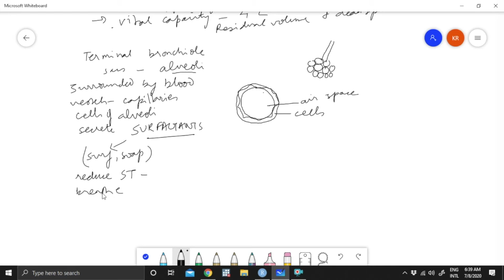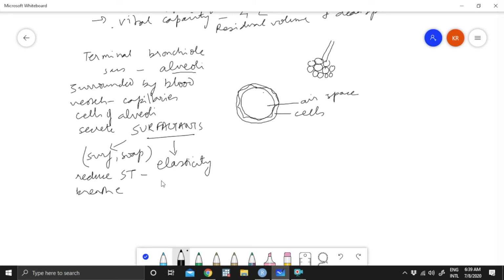During this process, the lungs must be highly elastic. So the elasticity of the lungs is very crucial. It must allow the lungs to become big, and it must allow the lungs to collapse and become small. This elasticity is because of surfactants.